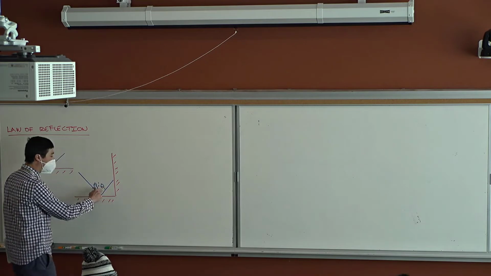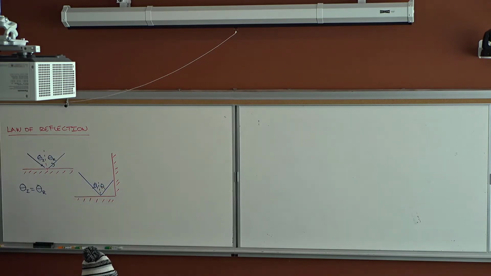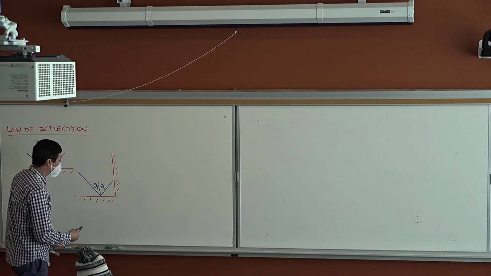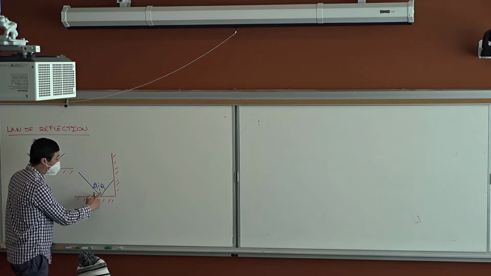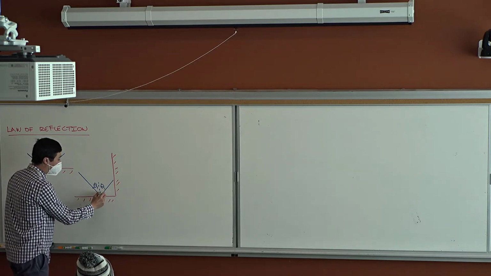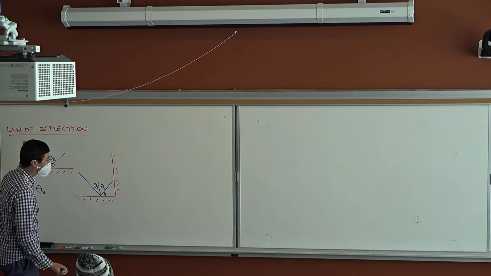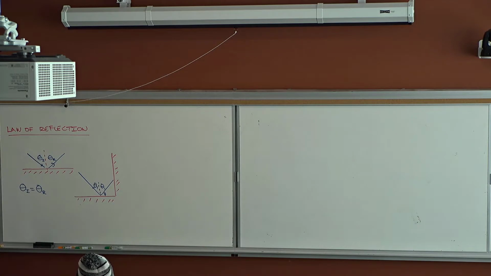So this is theta 1, this is theta 1 also. And when I say theta incident, theta reflected, I mean with respect to the normal. Okay. So if this is theta 1, what is this angle? 90 minus theta 1.